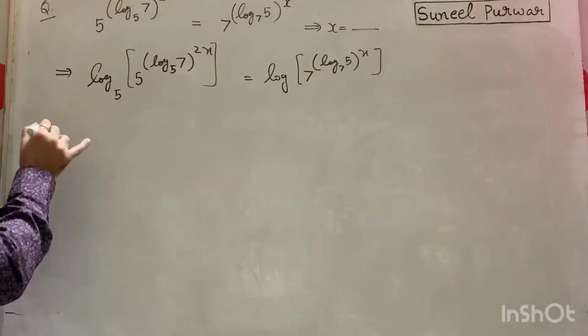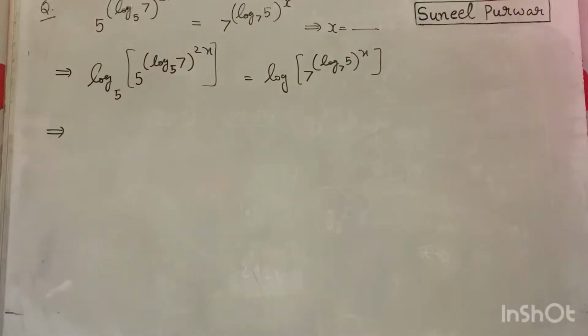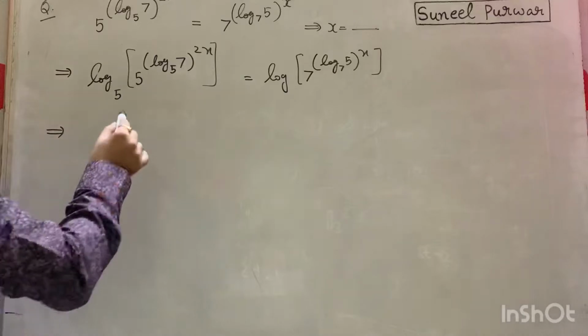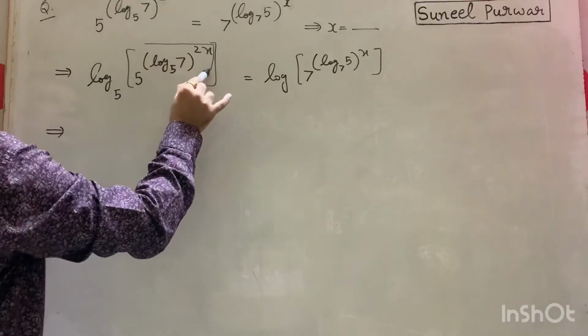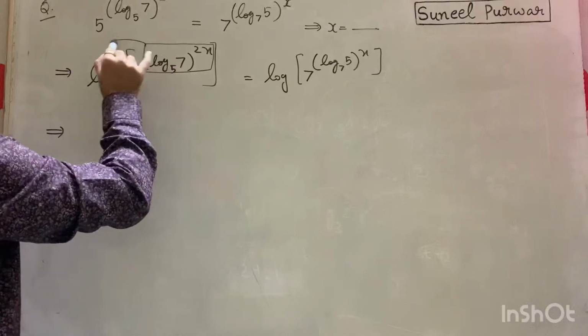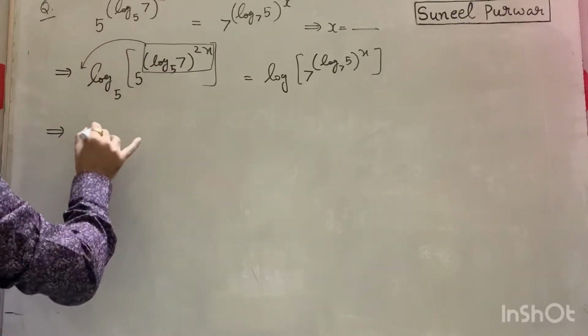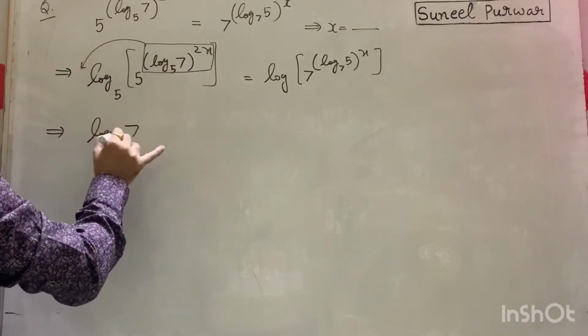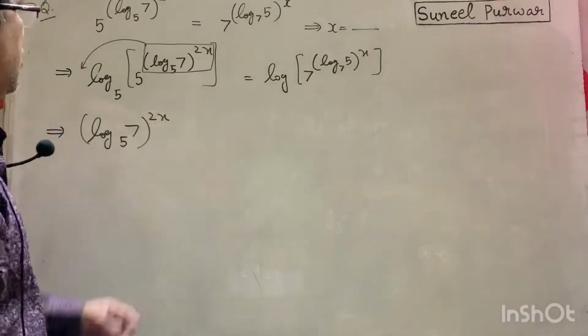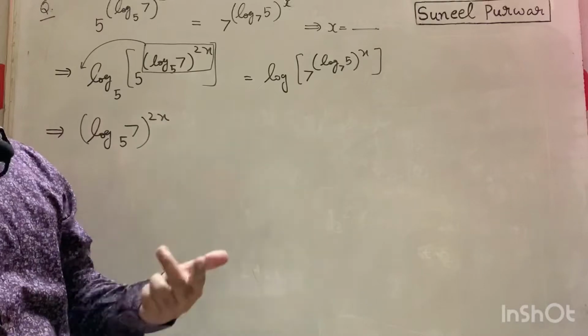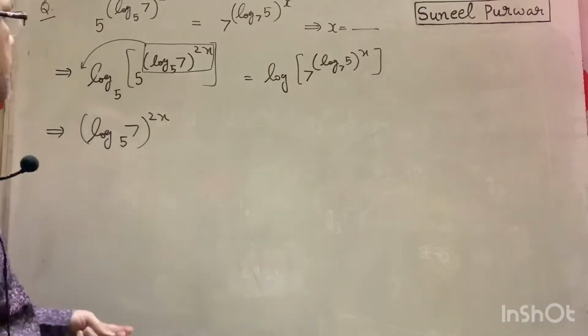Now using the logarithm property, you can write this as, this whole thing is in the power of 5. So this will come out. So you will have log of 7 to the base 5 whole power 2x. Log of x to the power m is equal to what? m times log x. So that property I am using.